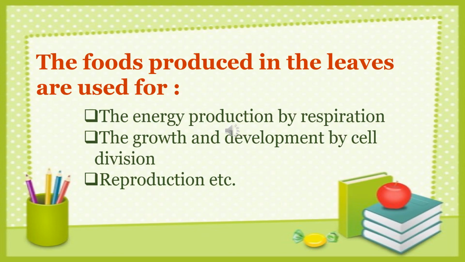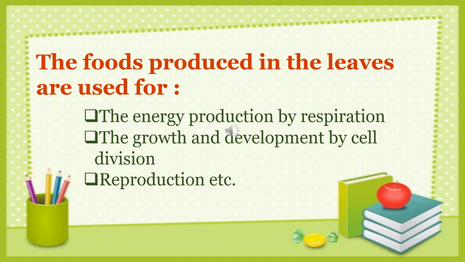Now the question is, why does food produced in leaves need to be distributed all over the plant body? Yes, this is very important. The foods produced in leaves take part in another process which is called respiration. The foods in respiration oxidize and produce energy.